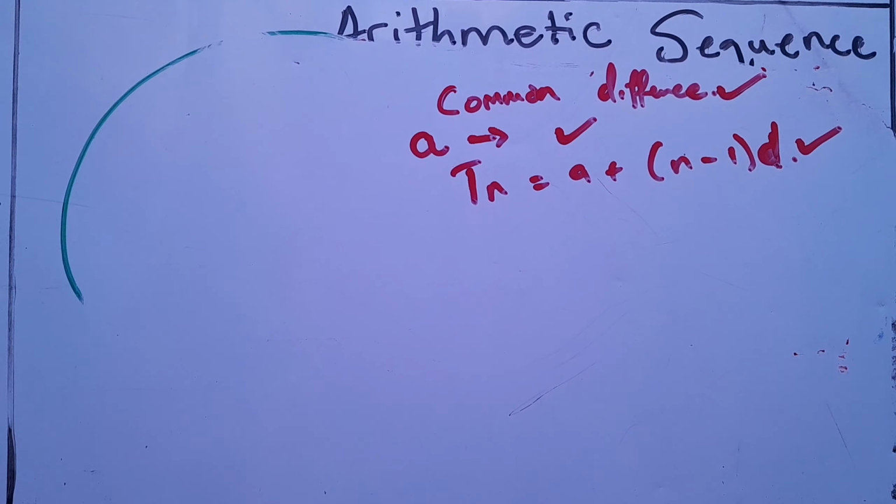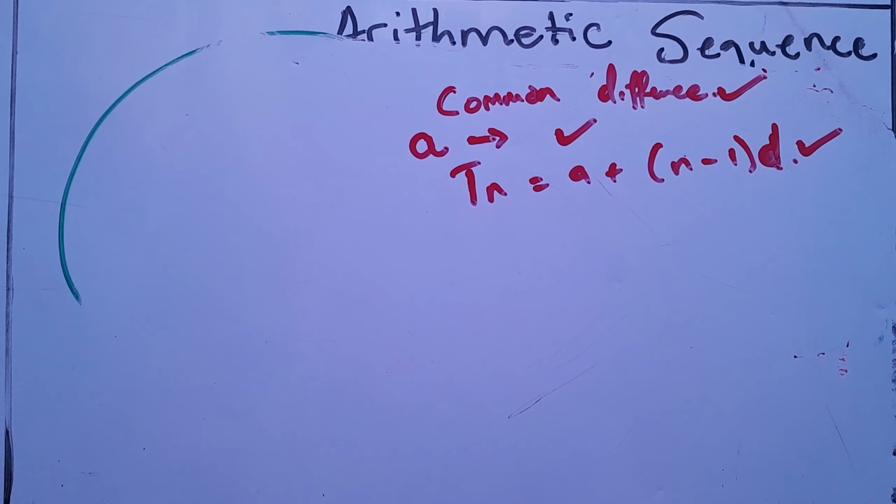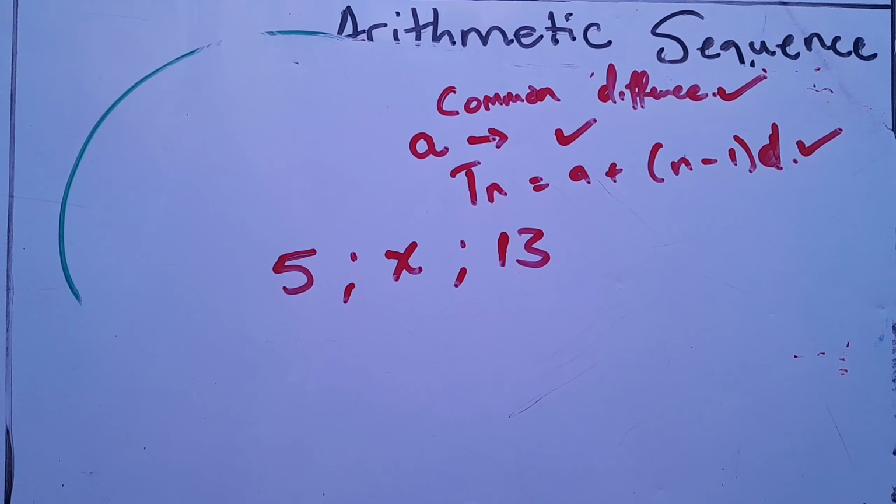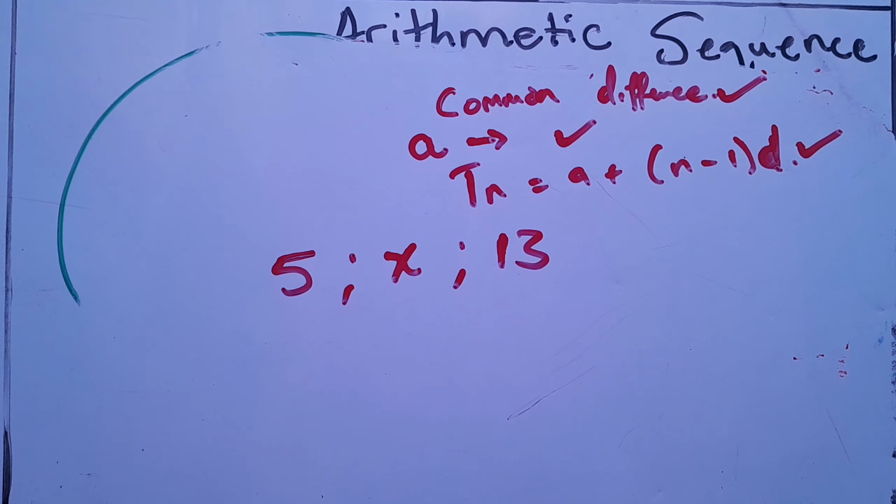So now, are we able to use these properties to solve any question? Let's see. So we are having this sequence, and they said this is an arithmetic sequence. Can you find the value of x?